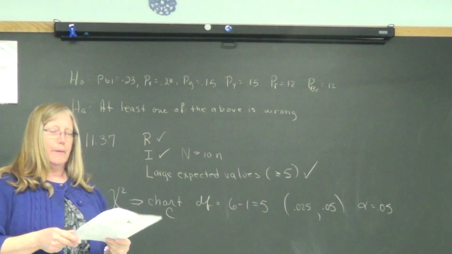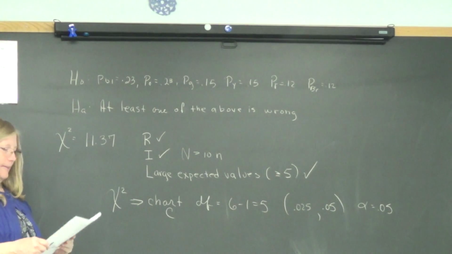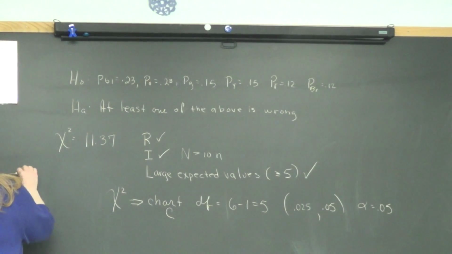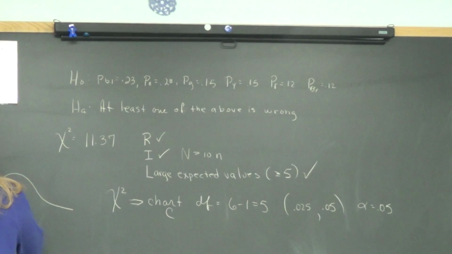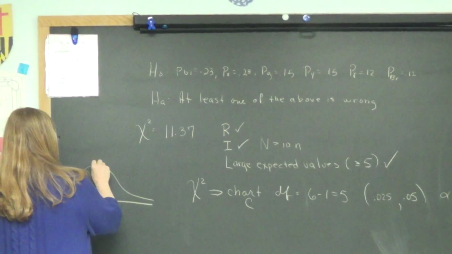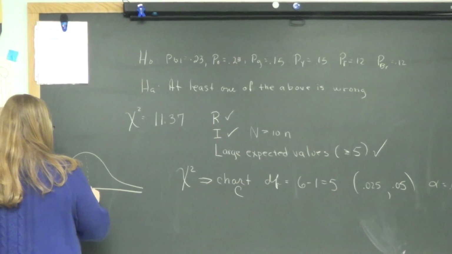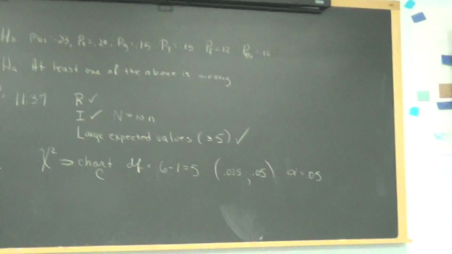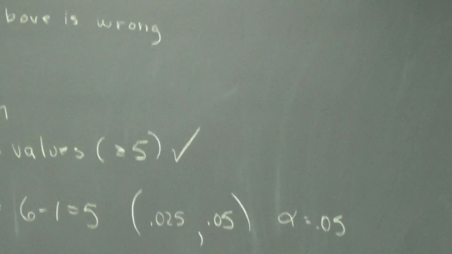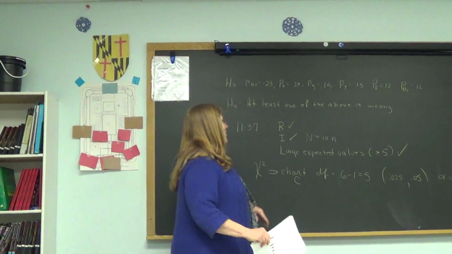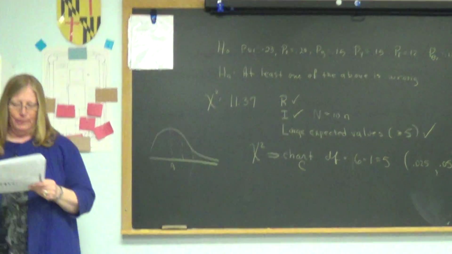At least one color proportion is off. Just one bag of M&Ms? Yeah, one bag. Well, our sample proved that at least one of them is off, according to our sample.